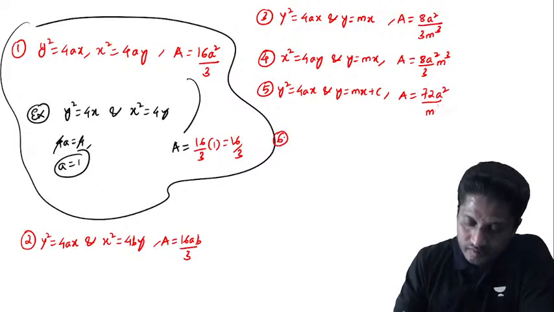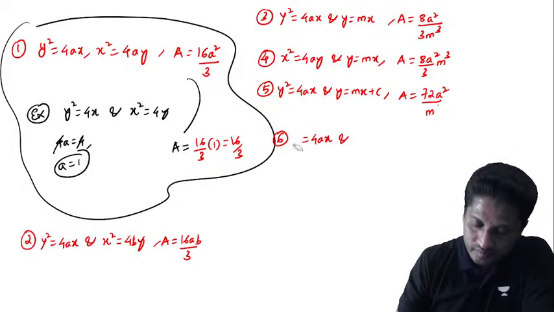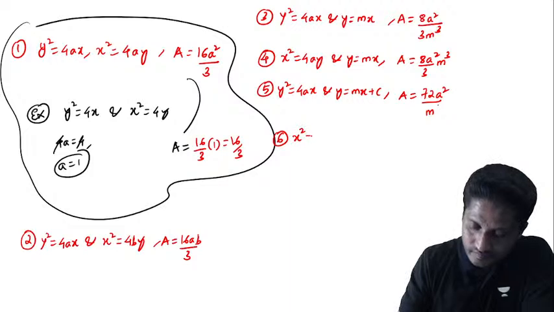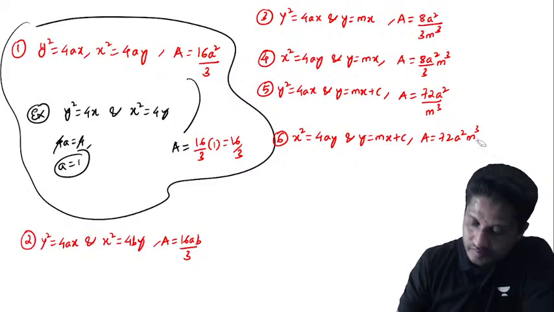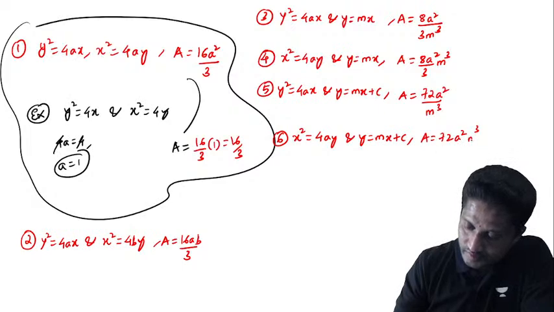And if I take upward parabola, suppose it is x square is equal to 4ay and the line y is equal to mx plus c, then area will be equal to 72a square into m cube. This is m cube.